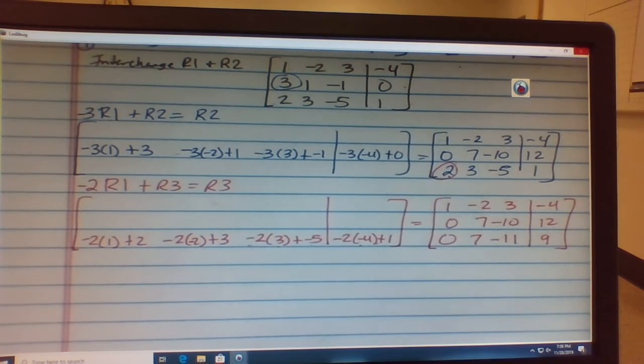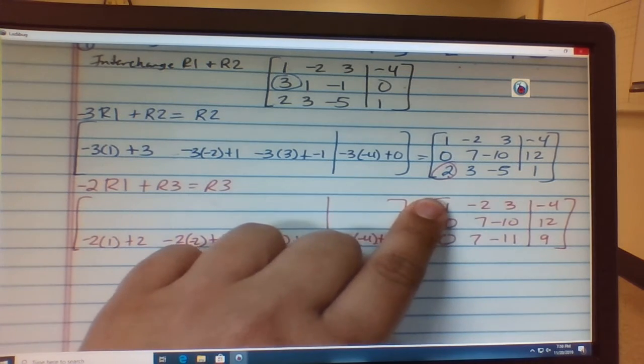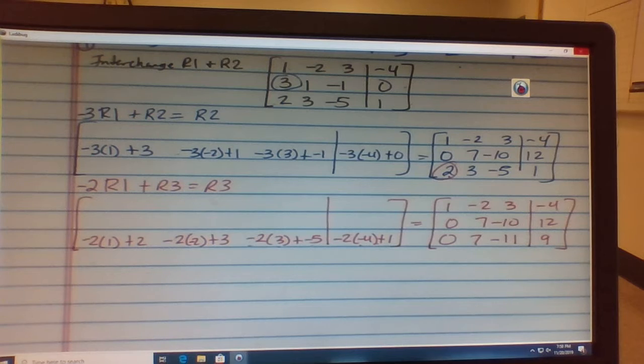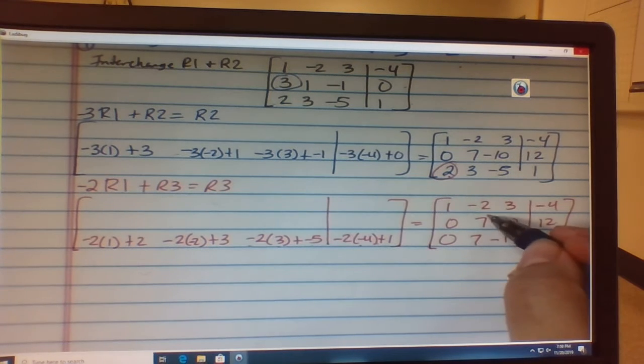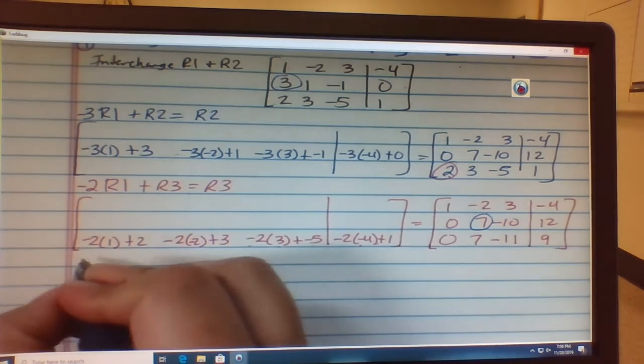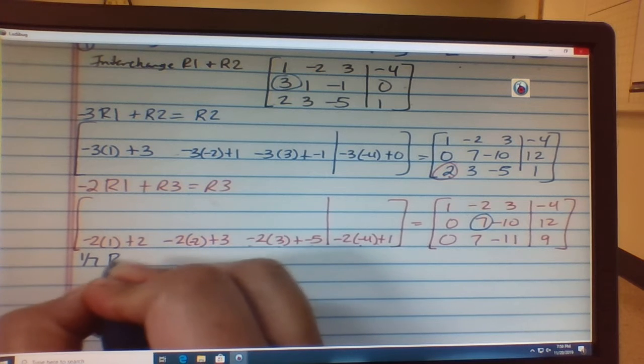So remember, you make your 1 and you make your zeros below. And then after that, you have to come and make your 1 right there. To make the 1, it's always the easiest because you multiply by the reciprocal. So the reciprocal of 7 is 1/7 times row 2.